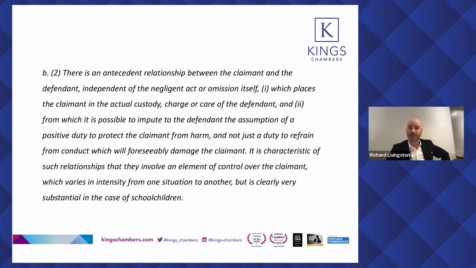Secondly, there is an antecedent relationship between the claimant and the defendant, independent of the negligent act or omission itself, one, which places the claimant in the actual custody, charge, or care of the defendant, and 2, from which it is possible to impute to the defendant the assumption of a positive duty to protect the claimant from harm, and not just a duty to refrain from conduct which will foreseeably damage the claimant.